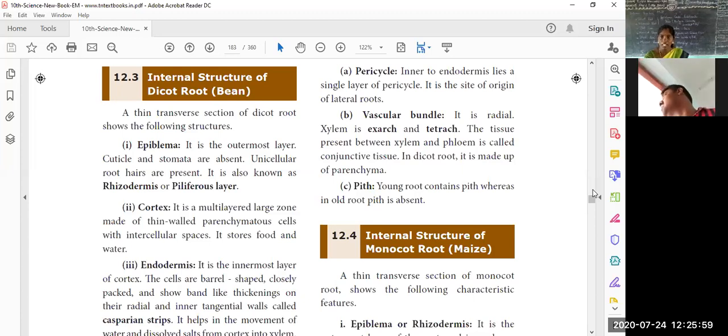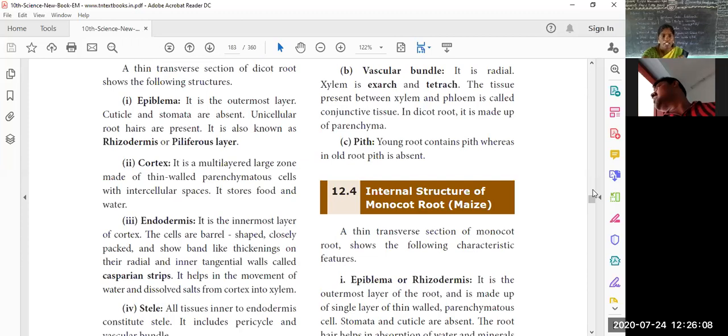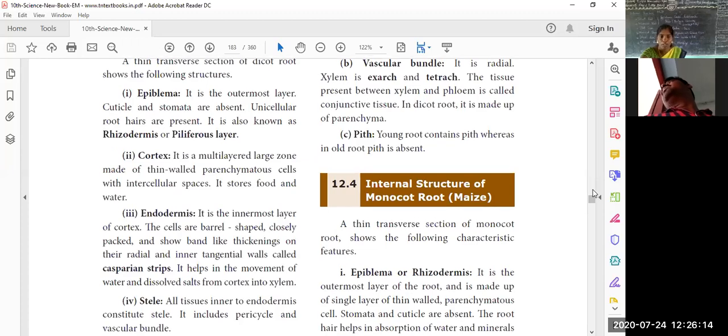They are otherwise called Casparian strips. They help in the movement of water and dissolved salts from the cortex into the xylem. So there are different zones present in the roots. The dissolved materials are transferred from the cortex to the xylem through the endodermis.